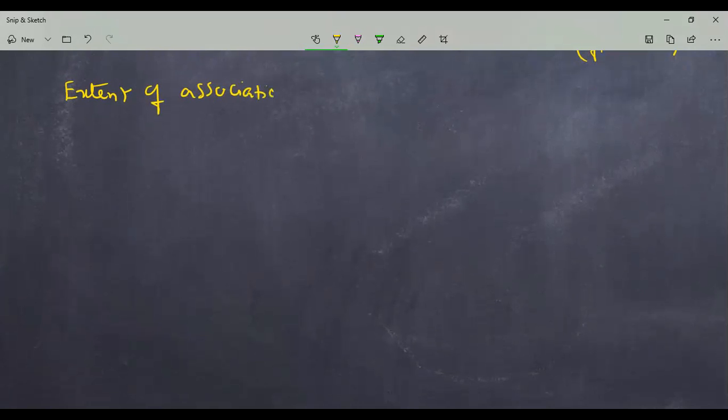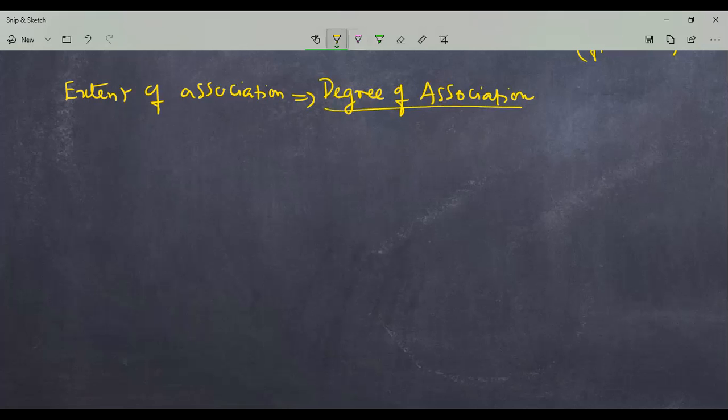The extent of association is also called the degree of association in solution, which you can write with alpha, or any symbol. Degree of association is the most important point under discussion.